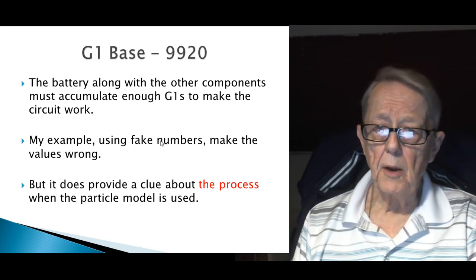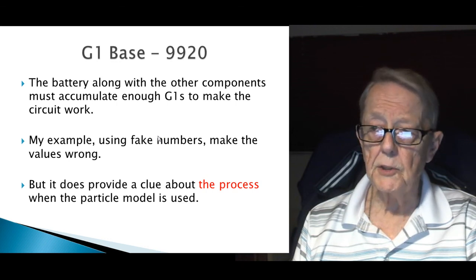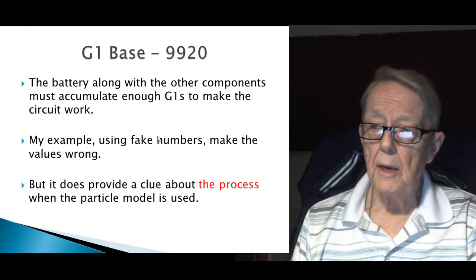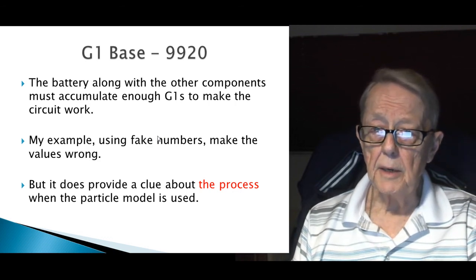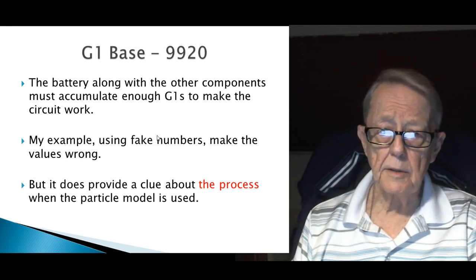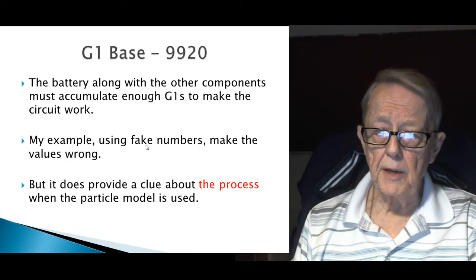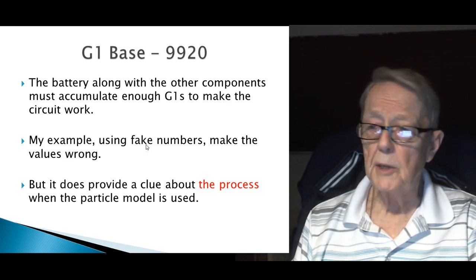The battery along with the other components must accumulate enough G1s to make the circuit work. And that's the responsibility of the battery and hence the responsibility in response to the resistors. My example uses fake numbers, and these numbers are wrong.